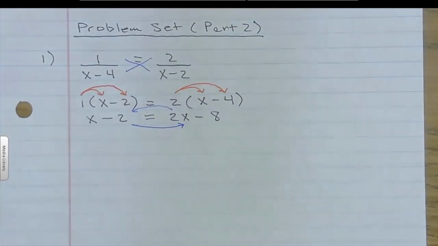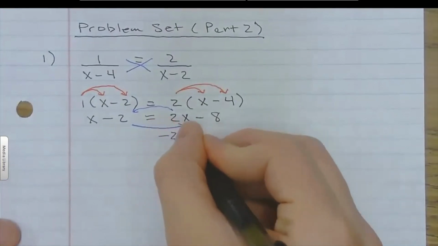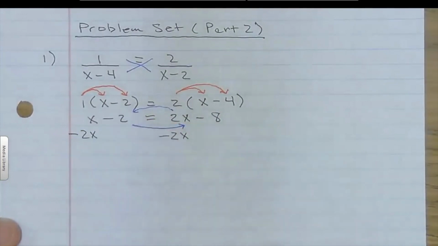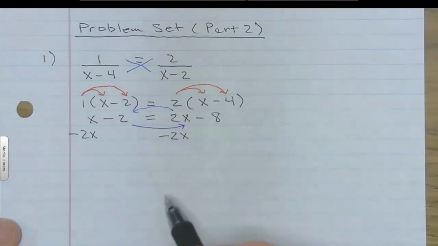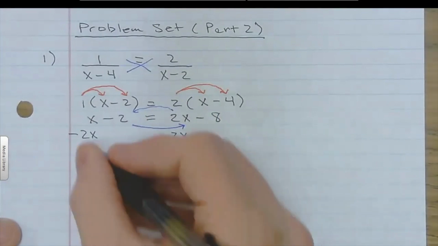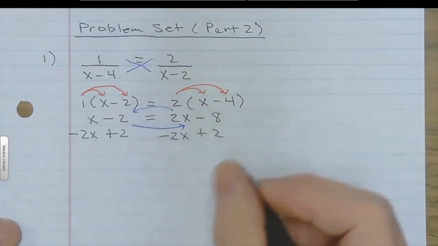All right. So since the 2x is positive, I'm going to be subtracting the 2x from both sides. So that's going to get rid of this 2x over here. To get rid of the negative 2, I have to add it to both sides. So I'm going to be adding 2 to both sides, here and here.